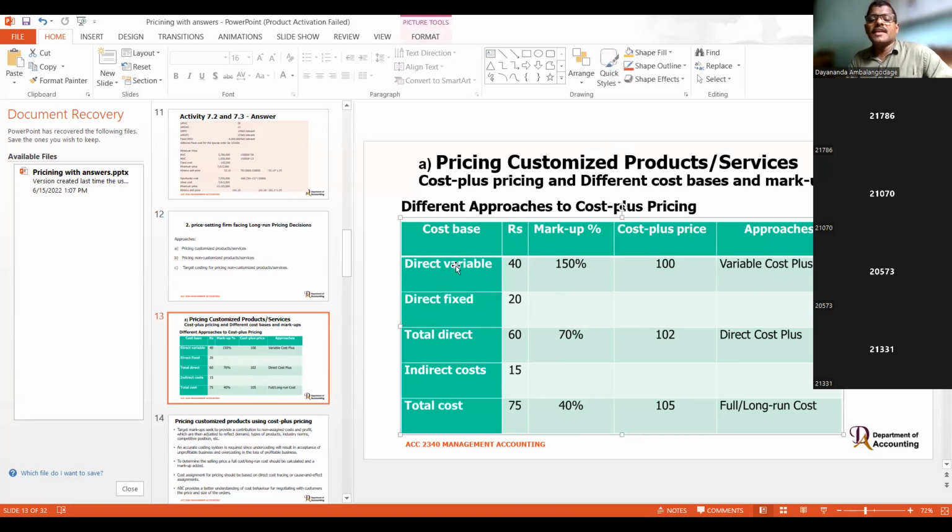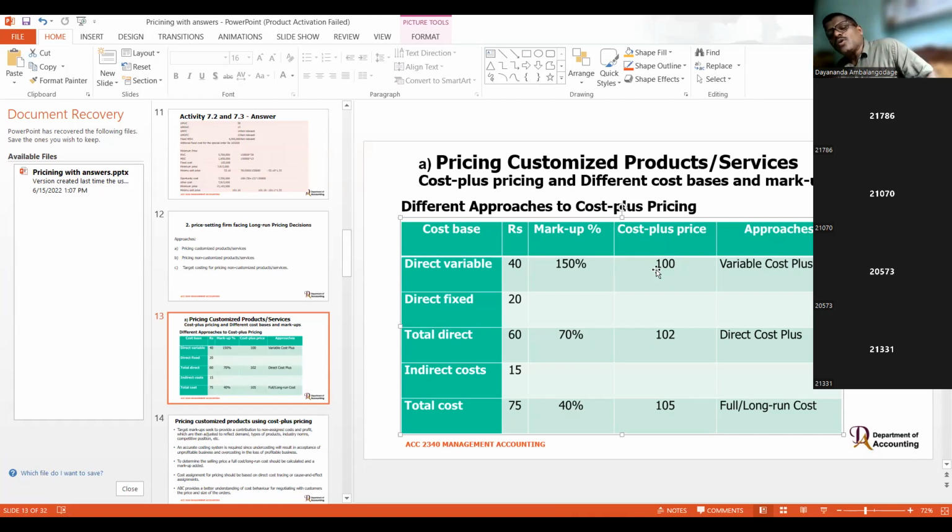So you have the direct variable cost, 40 rupees. You can price based on this direct variable cost. You have calculated all the direct variable cost for the product, and you can add up a markup of 150%. So if you add up at 150%, your cost plus price would be 100 rupees.